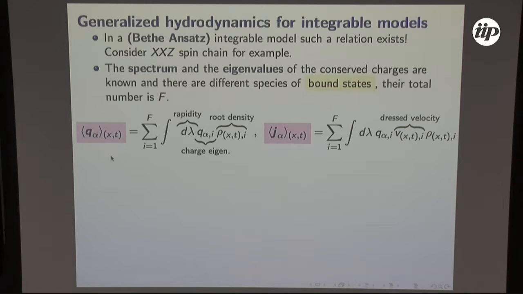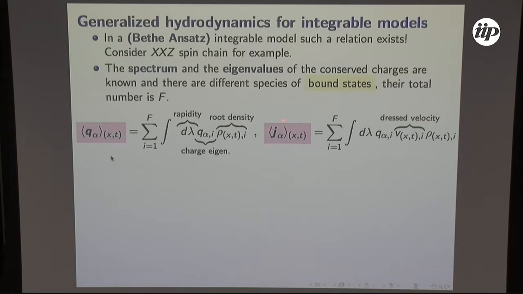If the system is free fermionic, this is just the number of fermions at momentum k. If there are more particles, you have to sum over all the particles and give some root density for all of them. This specifies the quantum state, like in the free fermionic model. It depends on x and t, where you are.